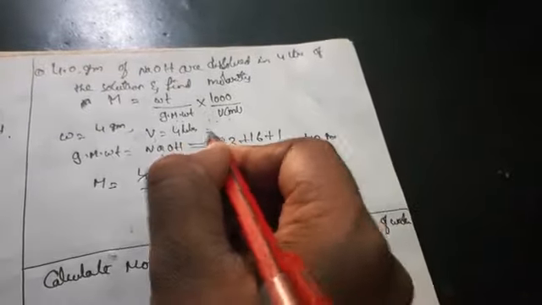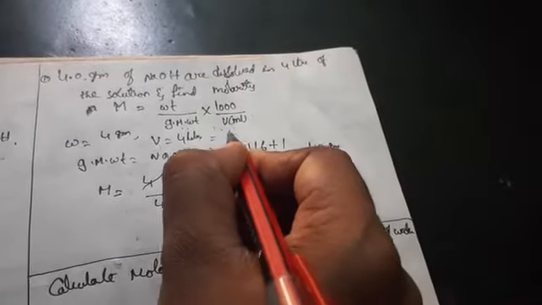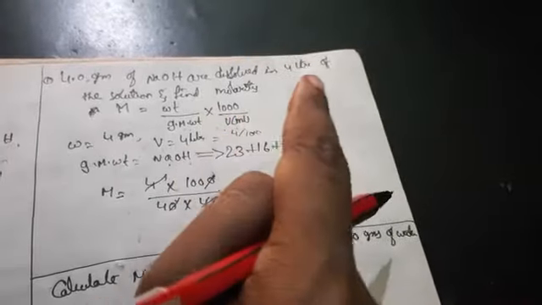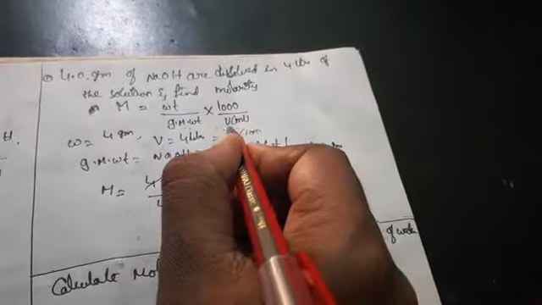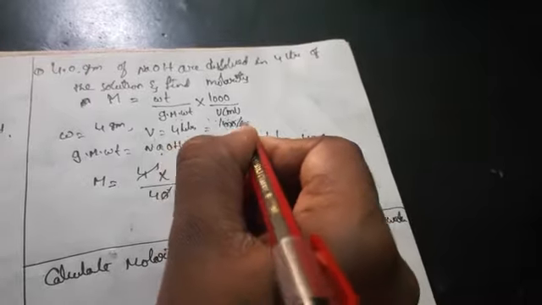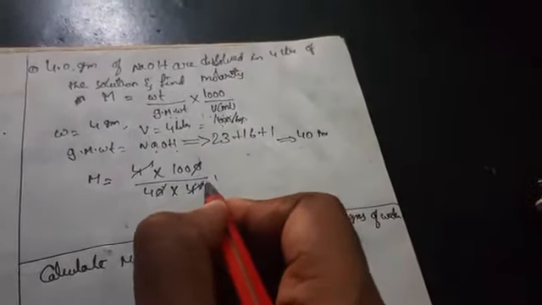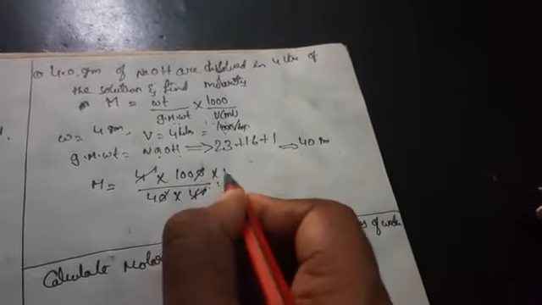So 4 liters is equals to how much? 4 by 1000, 1000 will get cancelled. 1000 by 4 means into 4.